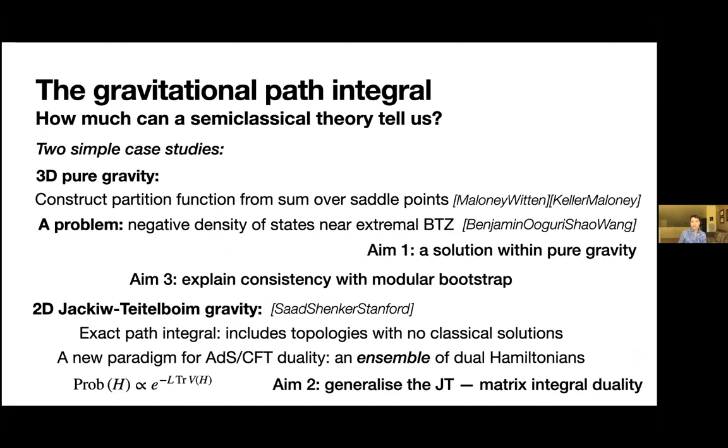The argument was that you need some matter, which means some states in the theory that have dimensions that would not be compatible with black holes. But there was a little loophole, and the third aim of what I want to do is to explain where that loophole is and why this proposal is actually consistent with the modular bootstrap.